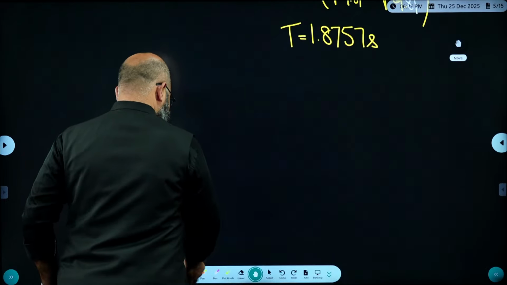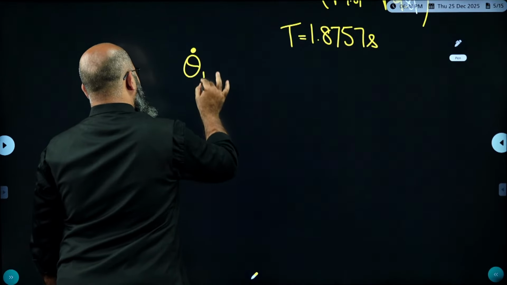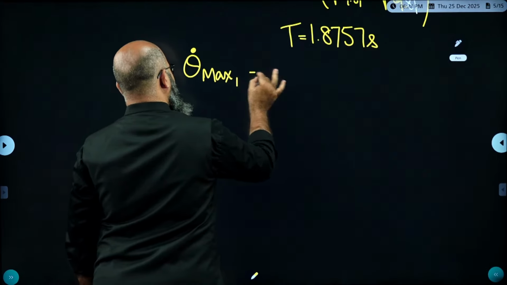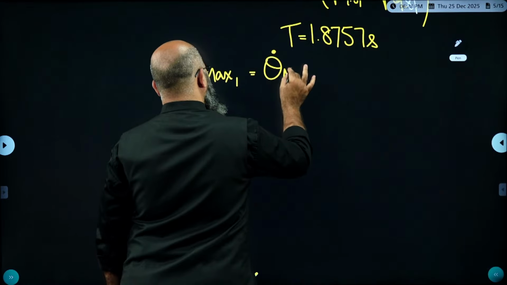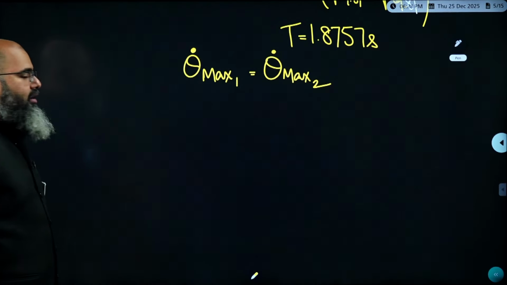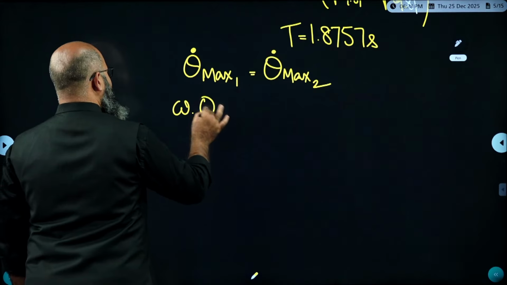So I can say over here, theta dot maximum, angular velocity is theta dot, no? Maximum in case 1 has to be equal to theta dot maximum in case 2. Now what is the formula for theta dot maximum? It is equal to omega into theta maximum.